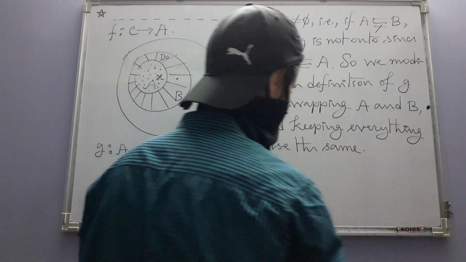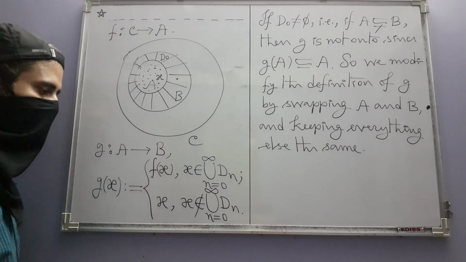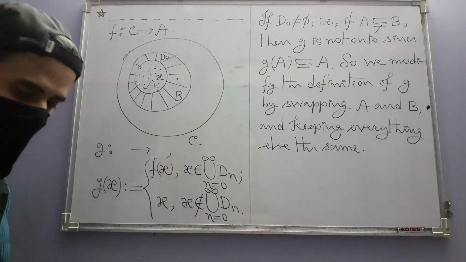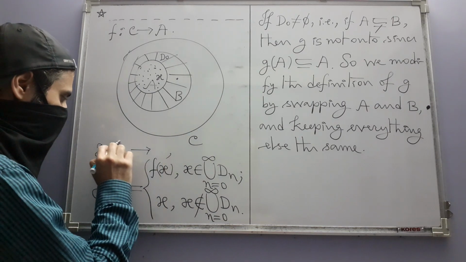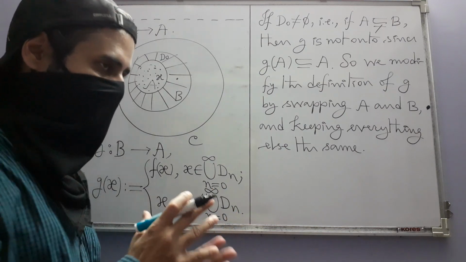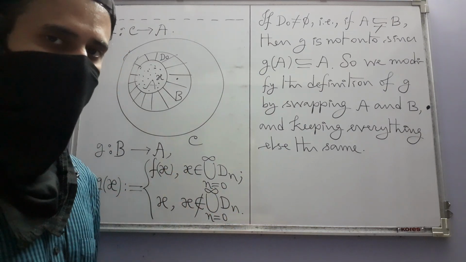So what we are doing is that instead of this, now we are doing this. The rule defining g, we keep it the same.